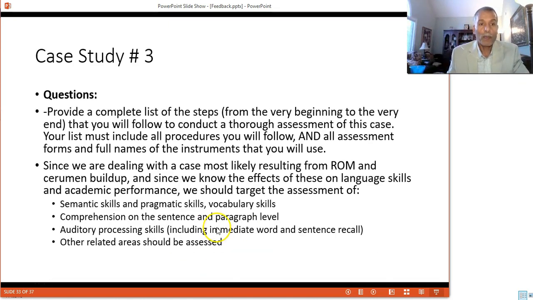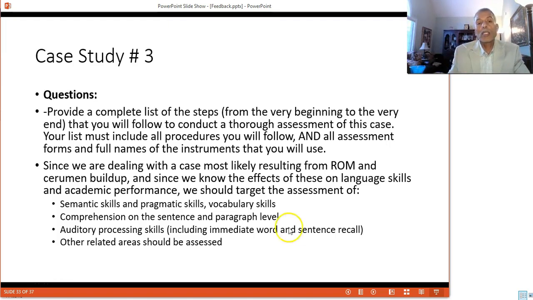discussed a while ago. So now here, provide a complete list of the steps from the very beginning to the very end that you will follow to conduct a thorough assessment of this case. Your list must include all procedures that you will follow and all assessment forms and full names of the instruments that you will use.